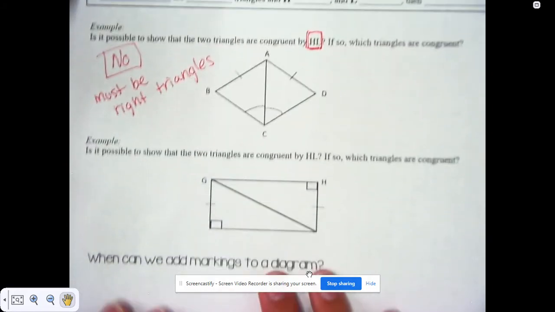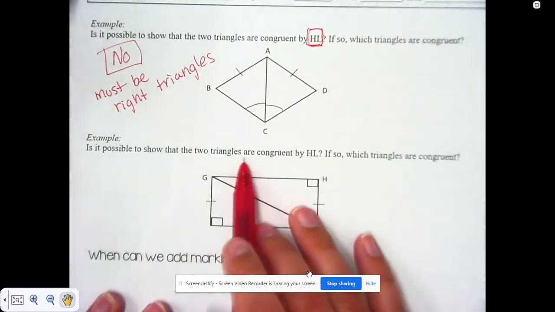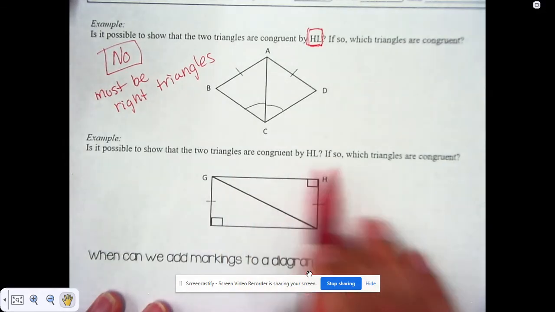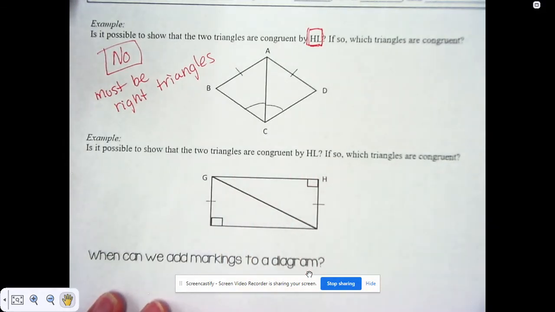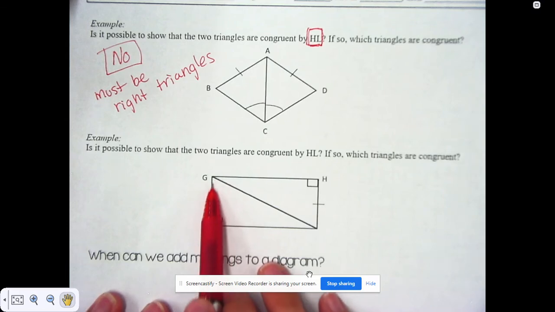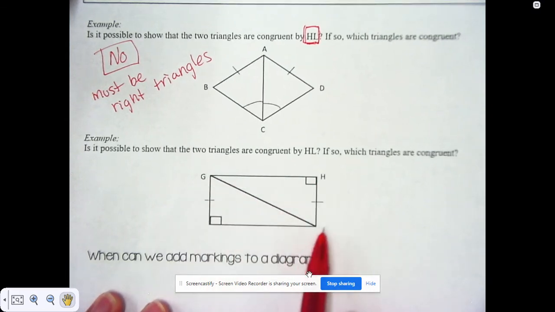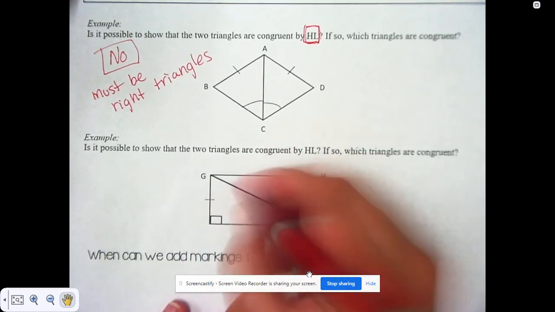Okay, the next one. Is it possible to show that the two triangles are congruent by hypotenuse leg? If so, which two triangles are congruent? We have G, H, and this letter did not come up, so we're going to have GHI.